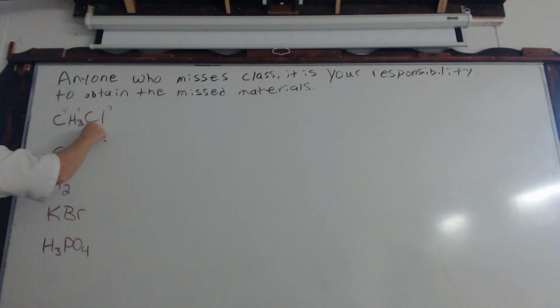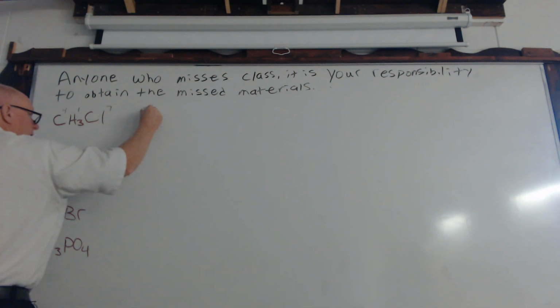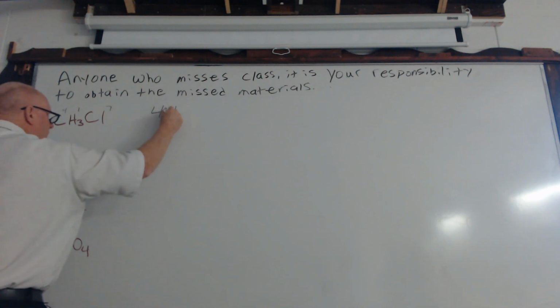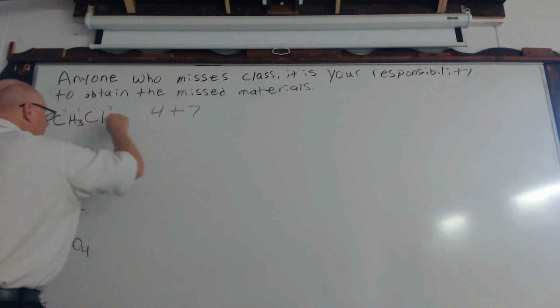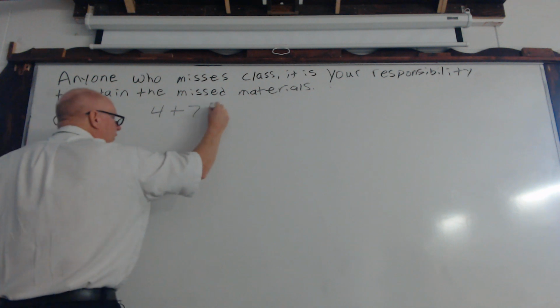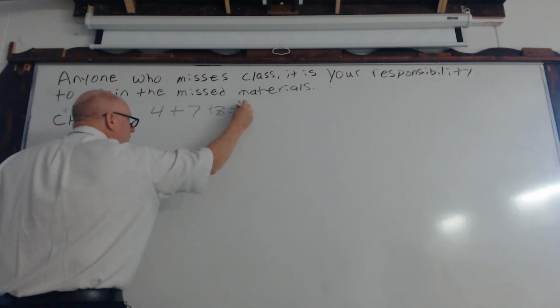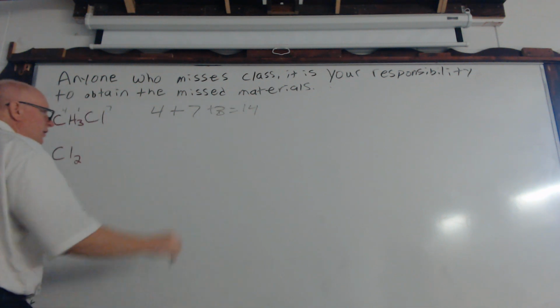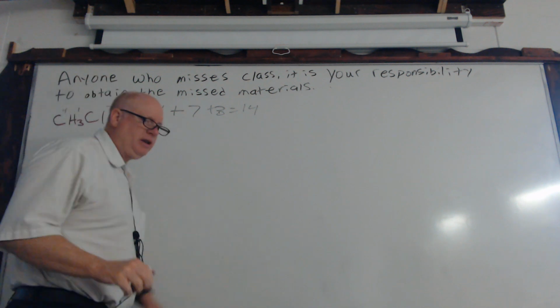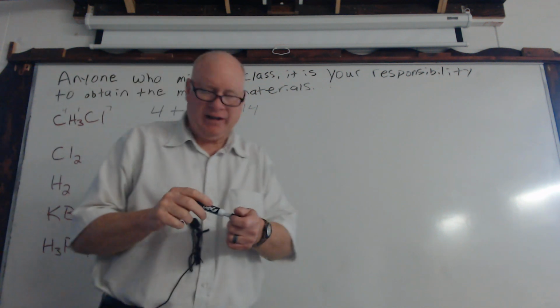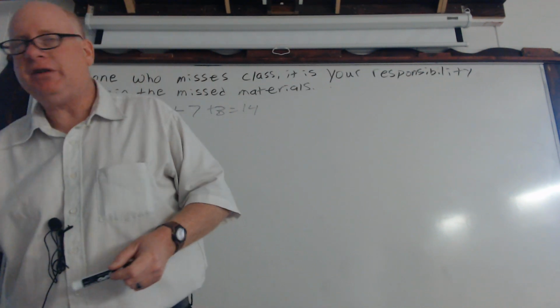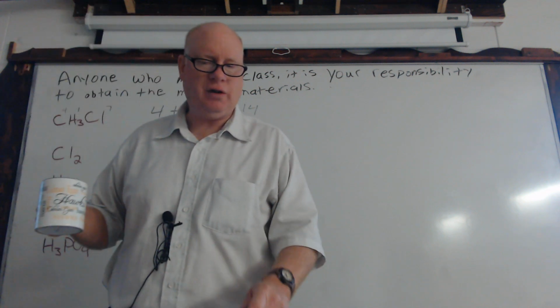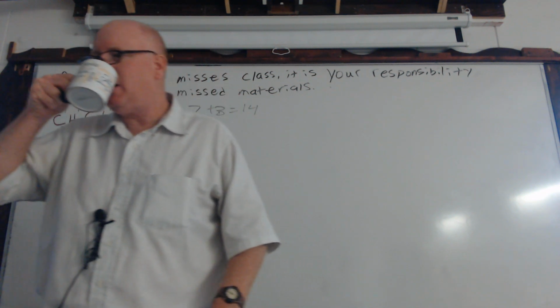Then you have to look at these little subscripts, of course, so that we know we've got 4 from the carbon plus 7 from the chlorine, and then plus 3 is 14. Okay, so as long as you're always just dealing with your valence electrons, we should be just fine. And that's how we taught you that 2 years ago in physical science.